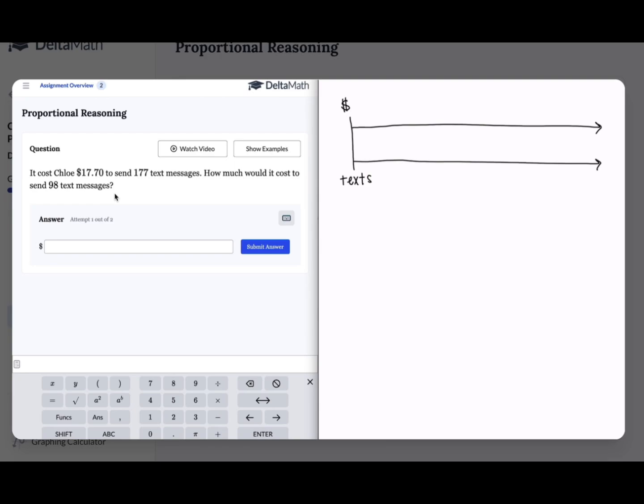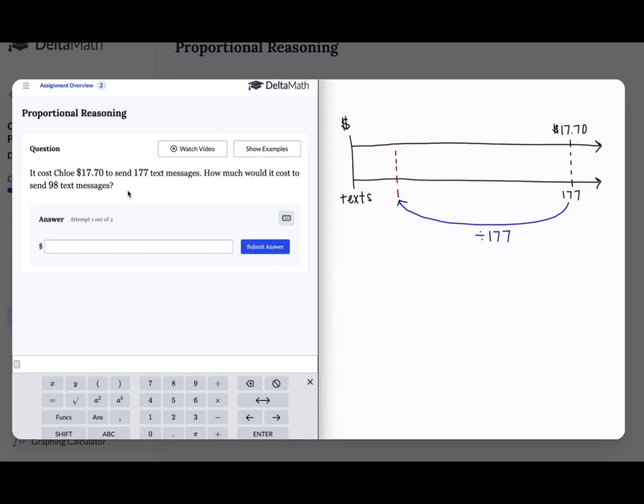So we have 177 text messages, which corresponds to $17.70. Let's start by figuring out how much one text message would cost. To get from 177 texts to one text message, we would have to divide by 177.